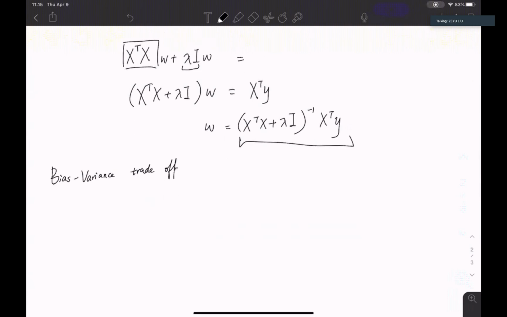Okay. In this bias variance trade-off, we have that very confusing expression here, given X equals x.